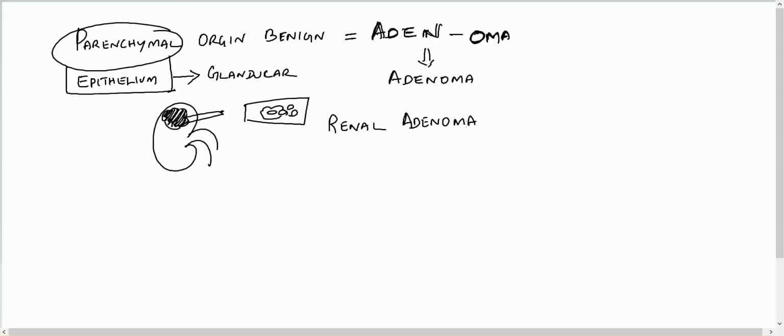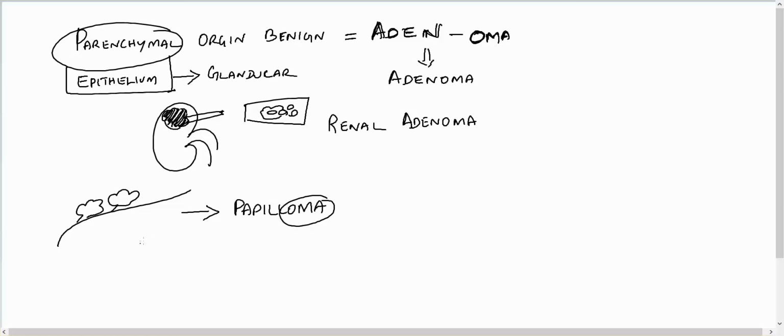Now if the tumor is coming from the epithelium, for example it is in the skin and it is forming finger-like projections, it is called papilloma, and it is benign.